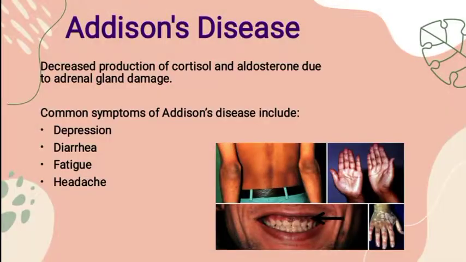The next one is Addison's disease. This disease is characterized by decreased production of cortisol and aldosterone due to adrenal gland damage.